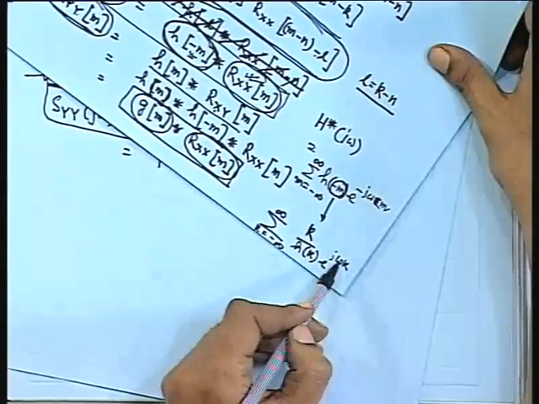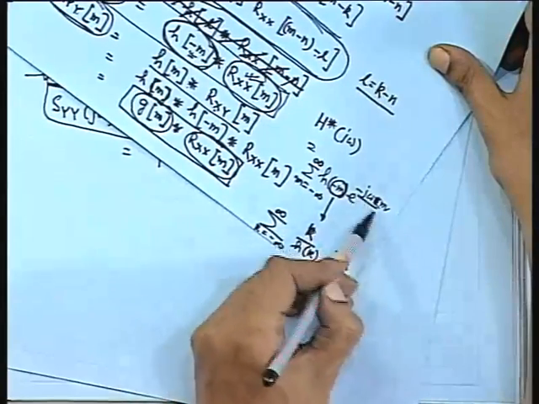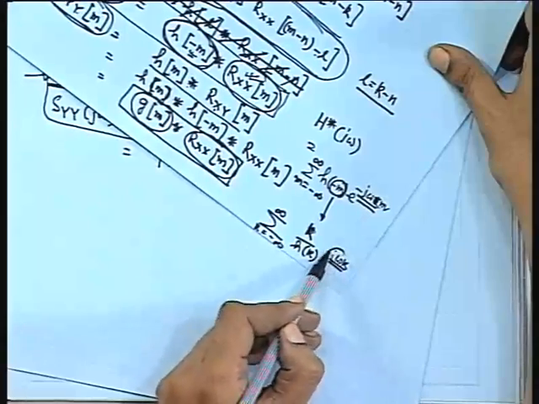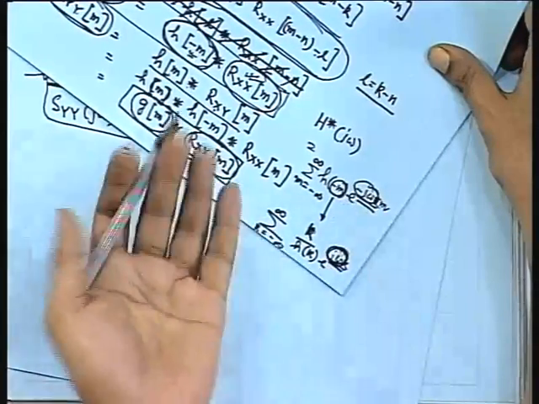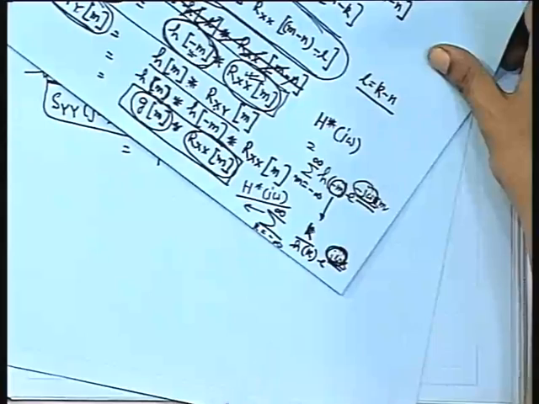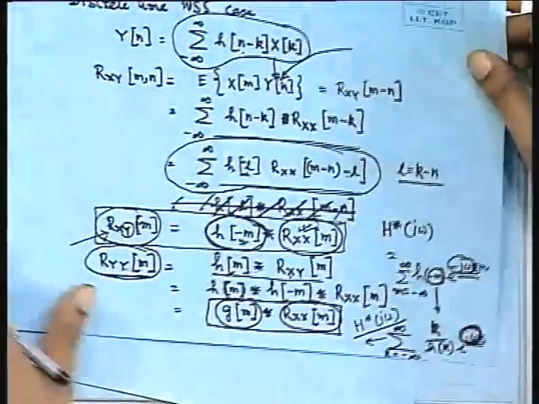So you see, in place of minus j omega you have put plus j omega. So you can equivalently imagine that you have taken a complex conjugate. So then this will simply become h star j omega, just a complex conjugate. So just very simple mathematical manipulations.